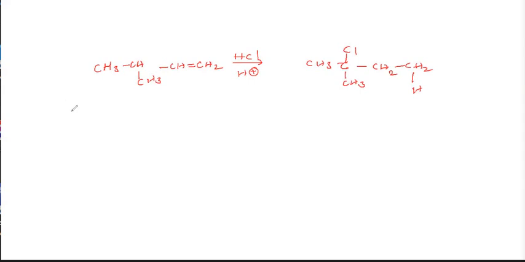Listen. Here first CH3, CH, then CH3, then CH double bond CH2. The first step is that the pi bond always moves towards the carbon with more hydrogens. Then this gets the negative charge, then this one gets the positive charge, negative attacks positive, right? Then the arrow should always go from negative to positive. Don't write it from positive to negative.